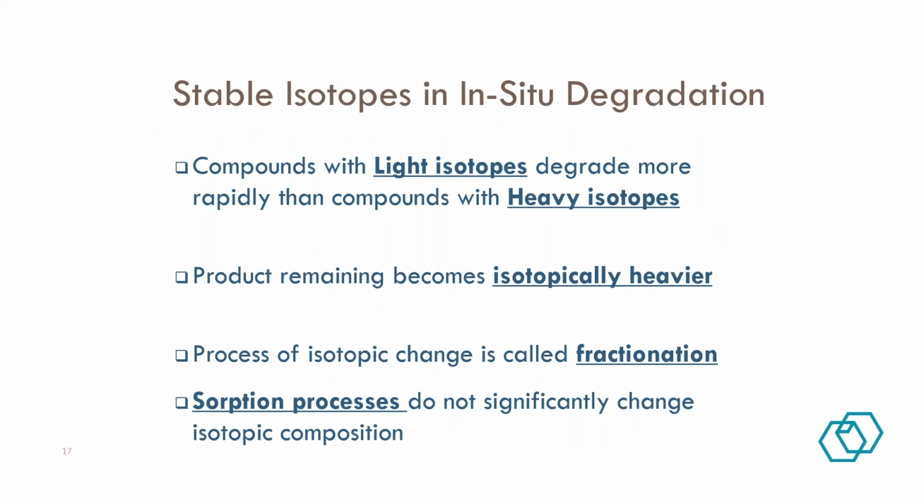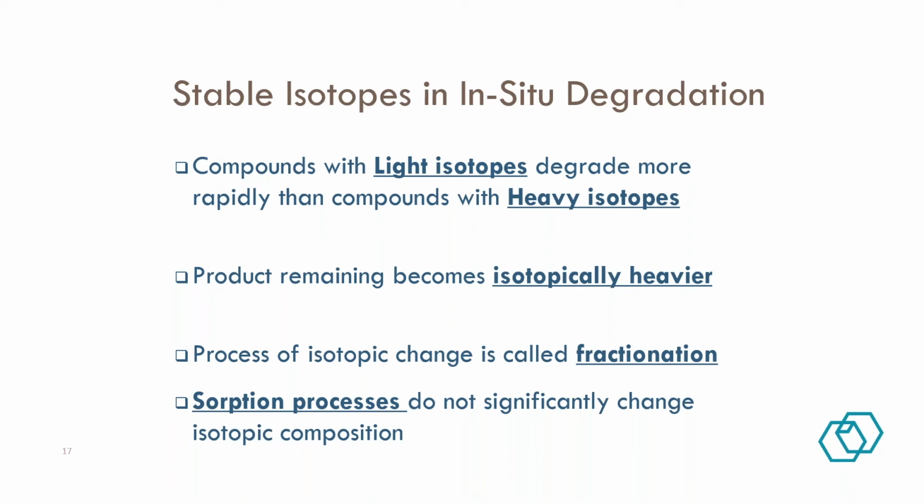Compounds with light isotopes, like PCE with light isotopes in it, will degrade faster than the PCE with the heavy isotopes. So the product remaining becomes isotopically heavier, and this process of isotopic change is called fractionation. It's really important to note, especially since we're talking about activated carbon, that adsorption processes do not significantly change isotopic composition.